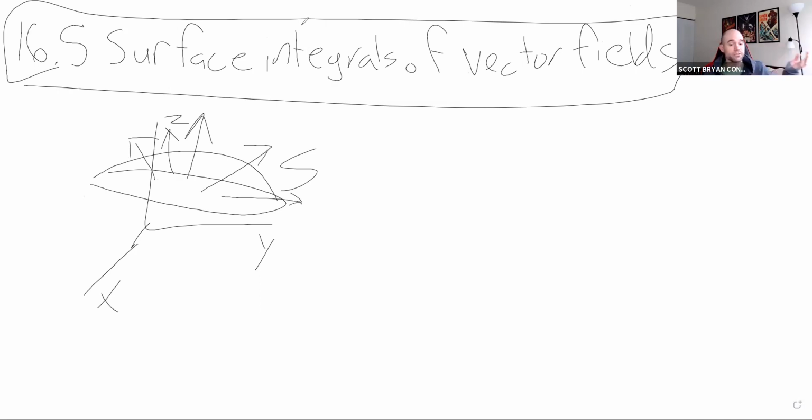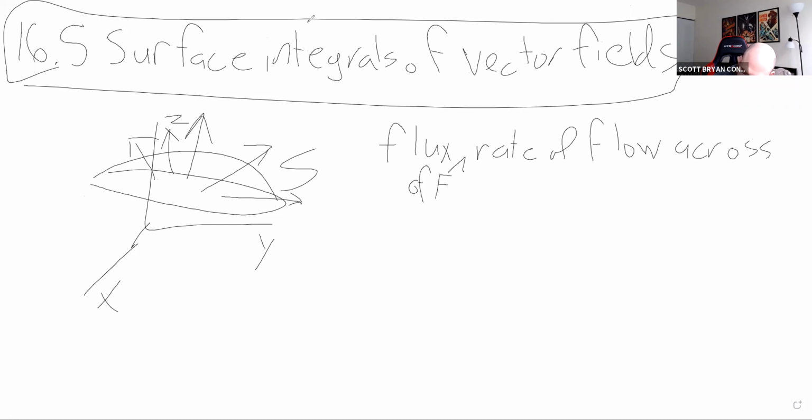So suppose that's our vector field, and it's flowing across our surface. We can look at the rate of flow. The flux of your vector field F across S is the rate of flow of F across S.